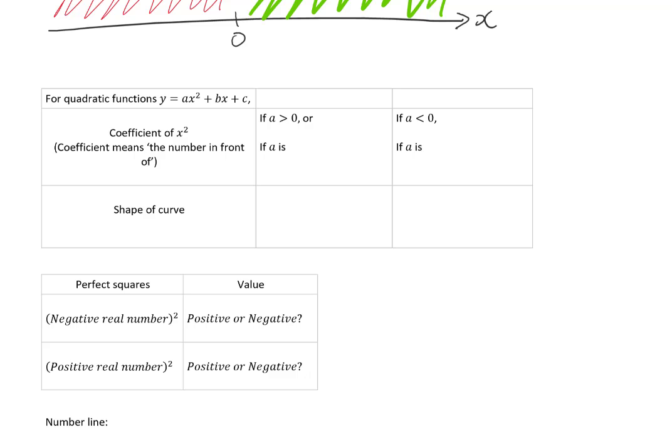If a is more than 0, or I can say if a is positive, then the shape of the curve will be a smiley face. If a is less than 0, meaning if a is negative, the shape of the curve will be a sad face. So this has a minimum point, and this has a maximum point.